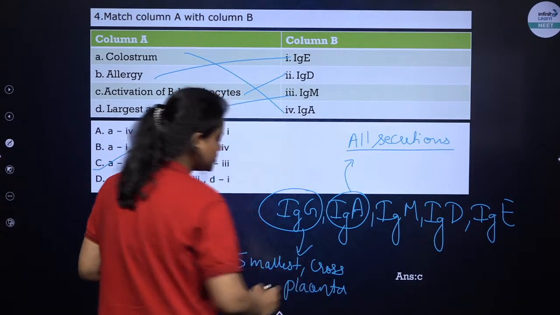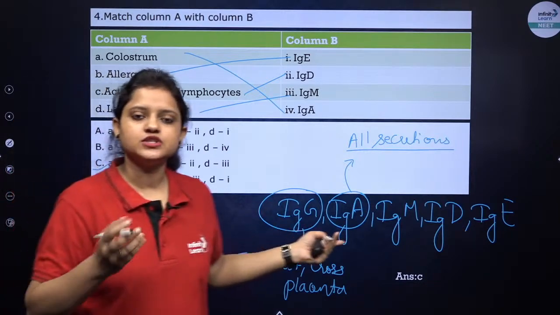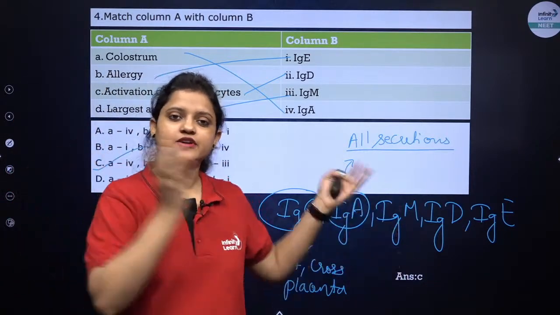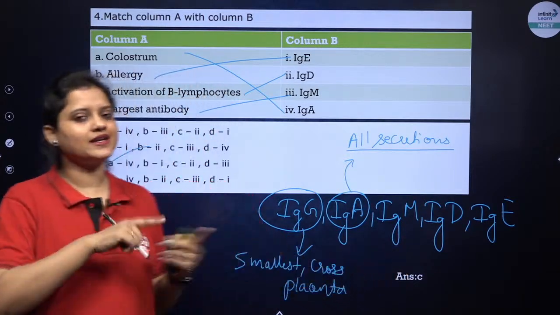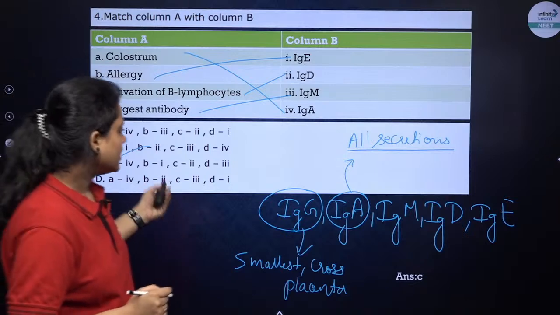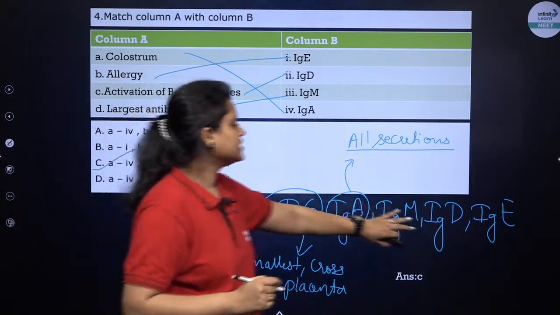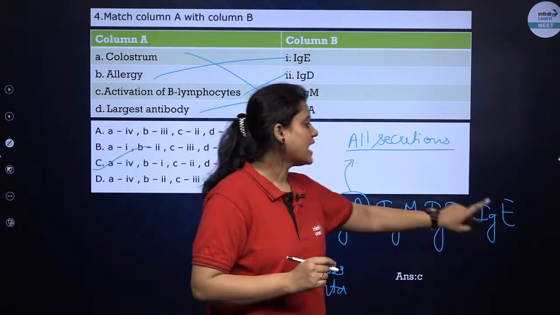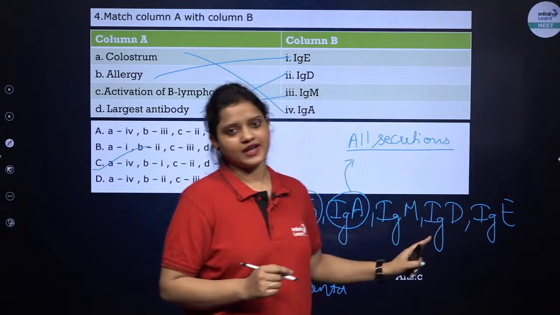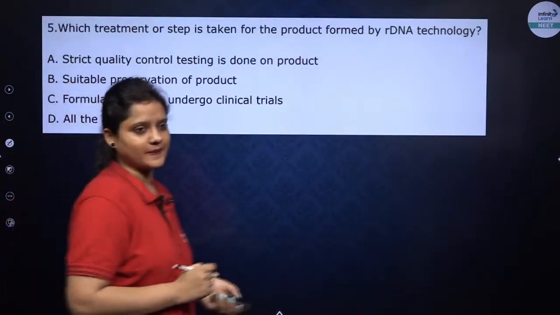Okay. So this IgG can travel from mother's body to the fetal body with the help of placenta, because it is the smallest antibody and it can cross it, right? Regarding IgM, it is the largest antibody. IgD helps in activation of B lymphocyte and IgE is responsible for allergy. Okay, so correct option here was option C.